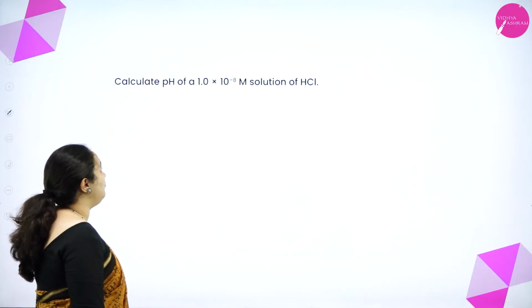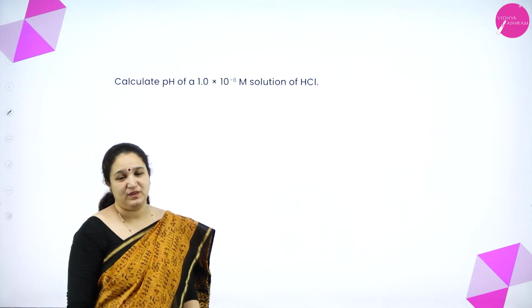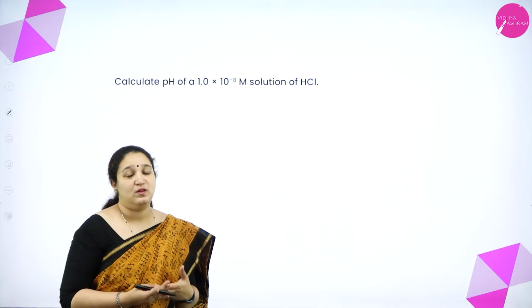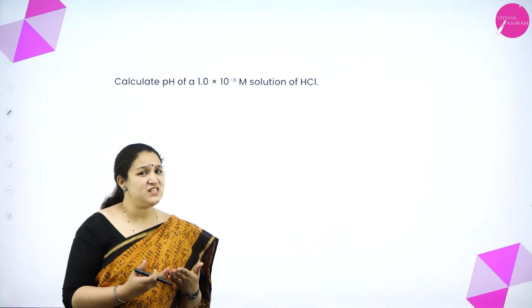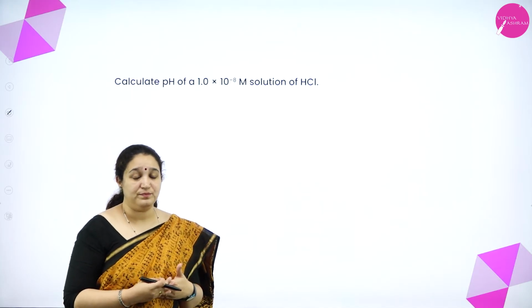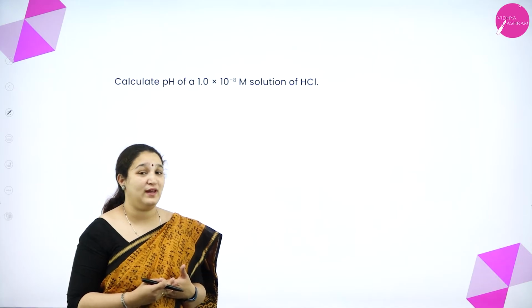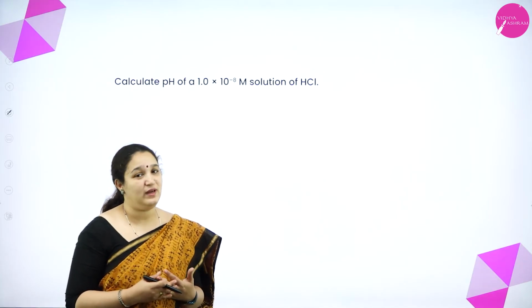Calculate the pH of a 1 into 10 to the power minus 8 molar solution of HCl. Now if you do this problem normally, just by taking the H plus ion concentration as given here, the pH of HCl will come more than 8 or somewhere around 8.